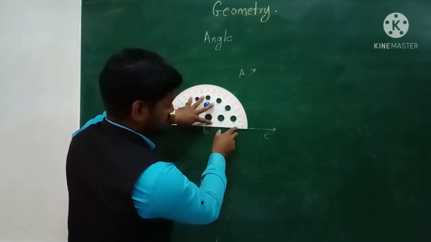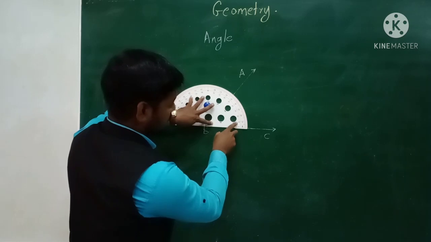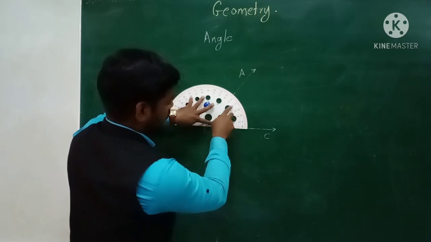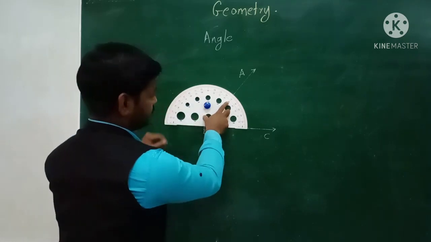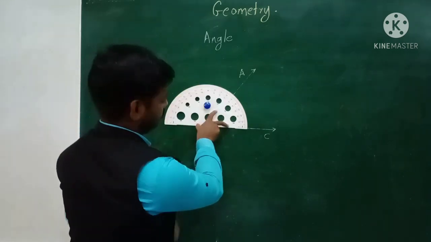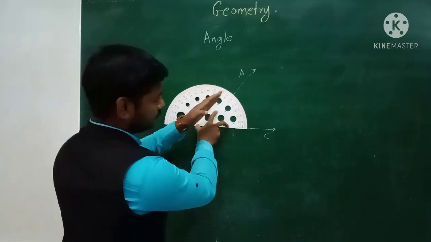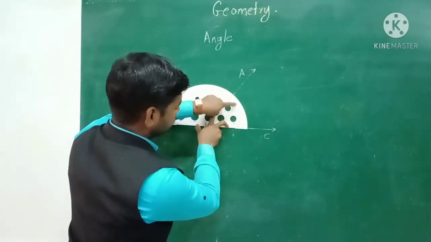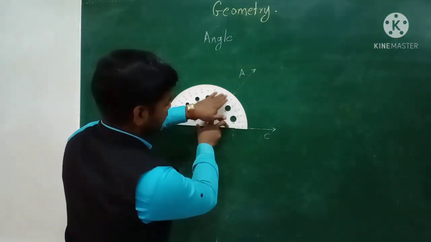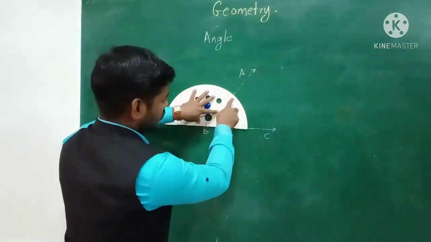You will see 0 is there, then 10, 20, 30, 40, 50. After 50, you will see 60 is there. You will see the other arm of the angle crosses the scale given on the protractor at this place.